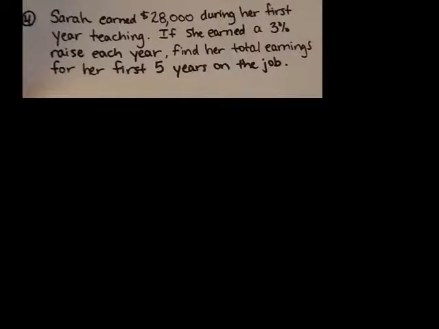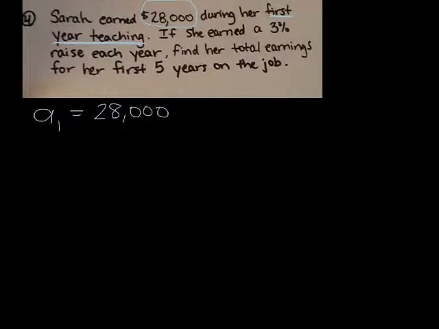This last example is something we've not spent a lot of class time on, but you are going to see it on the quiz, so pay close attention here to how this problem works. Sarah earned $28,000 during her first year teaching. I hope that you know when you see first year teaching, there's your clue that $28,000 is A1, the first amount of money.